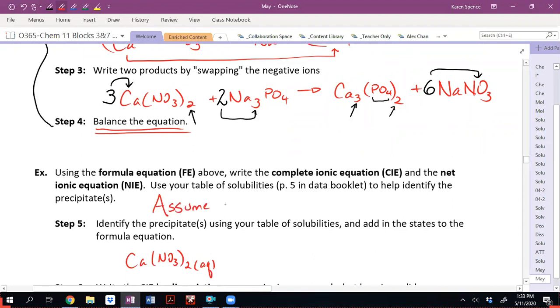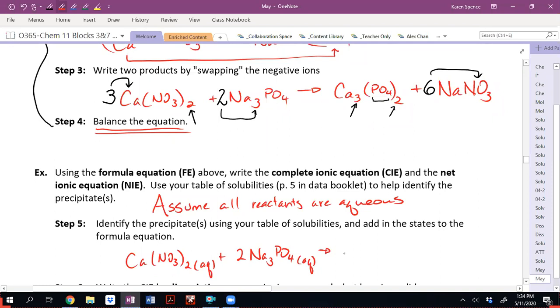Assume, this is in the instructions on the worksheet, assume all reactants are aqueous. So you only need to look up the products. Plus 2 Na3PO4, we're assuming that is aqueous.